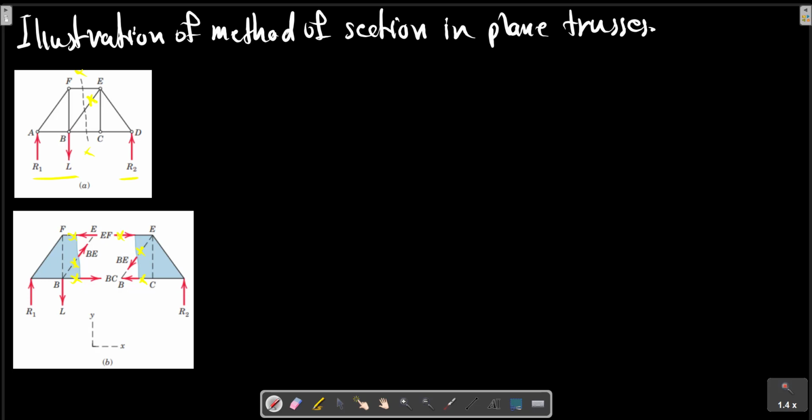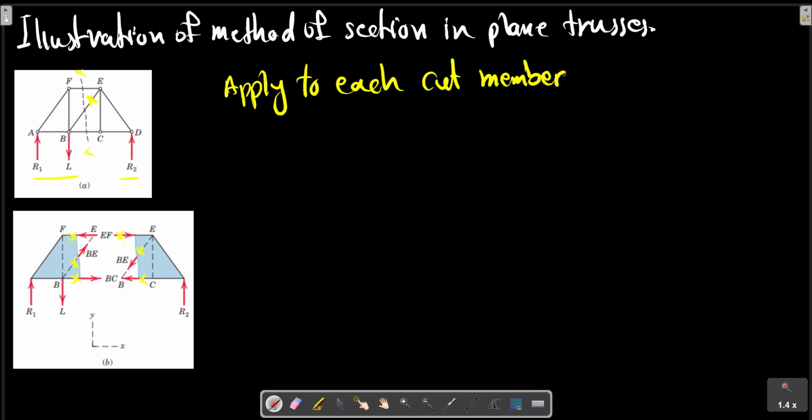In order for the portion of the truss on each side of the section to remain in equilibrium, it is necessary to apply to each cut member the force which was exerted on it by the member cut away.